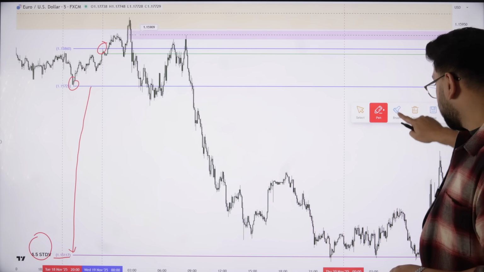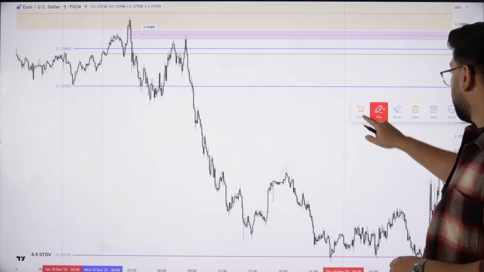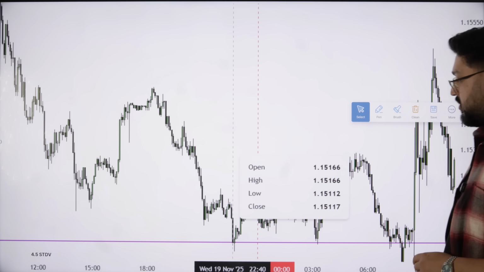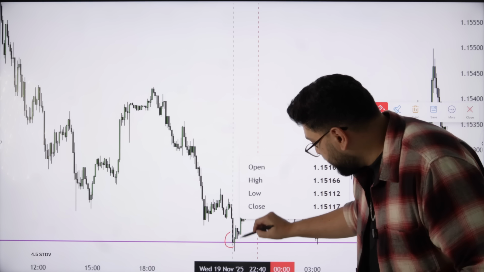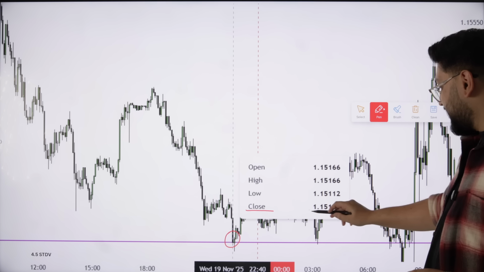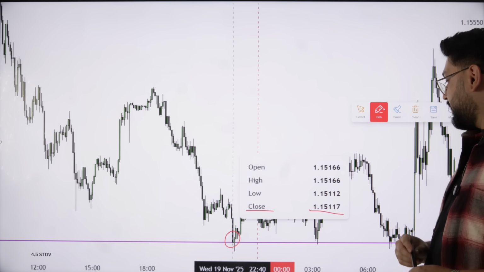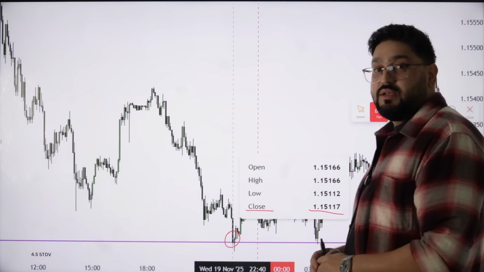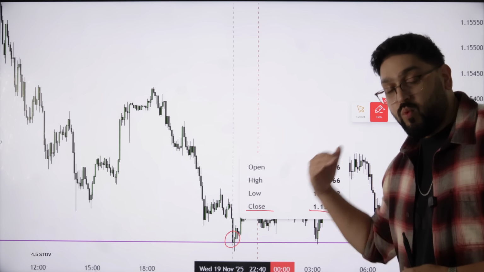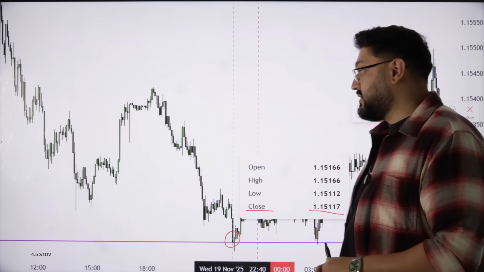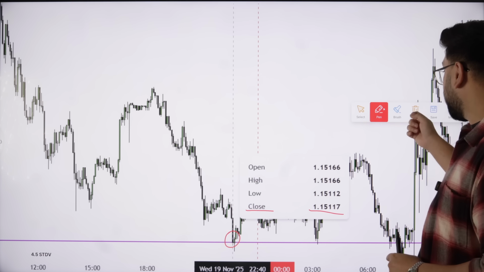Let me just move this out the way. And if I zoom in here and hover my cursor over the low down here, the closing price comes in at exactly 1.15117. Again, perfect delivery of price, but working only in conditions where we have the right narrative and context behind the trade in the first place.